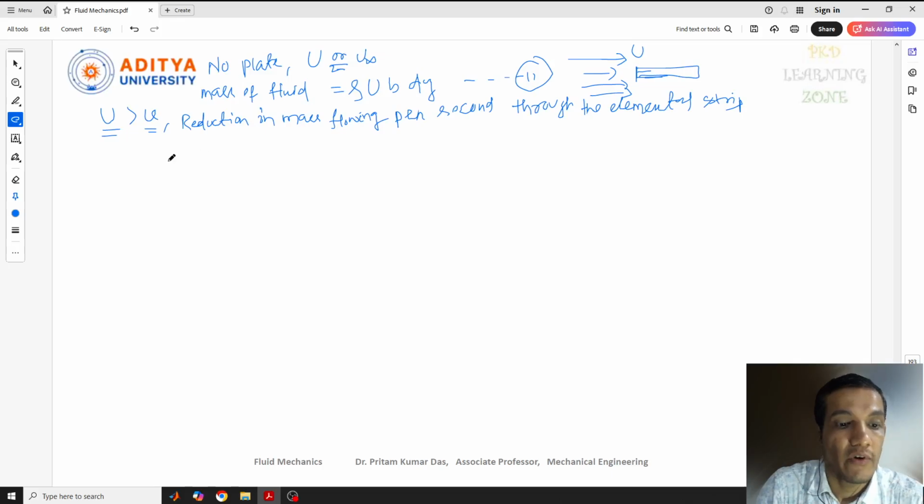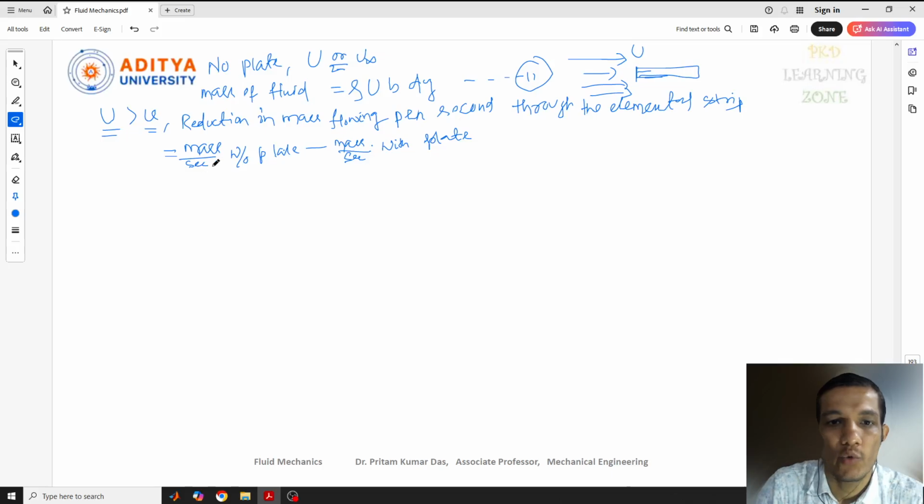The reduction in mass flow rate is the mass flow rate per second without the plate, minus the mass flow rate per second with the plate present.